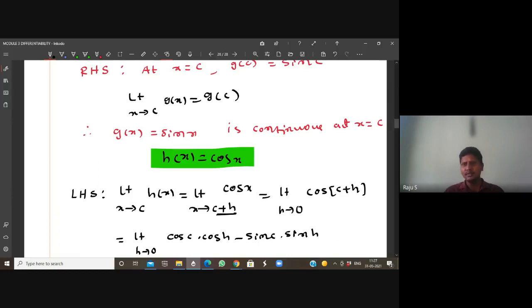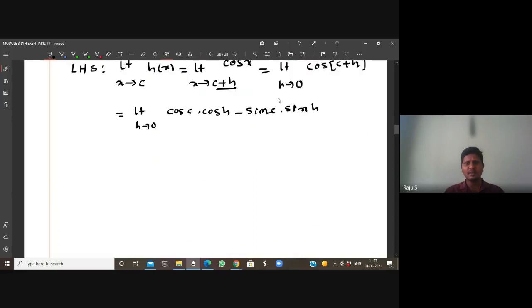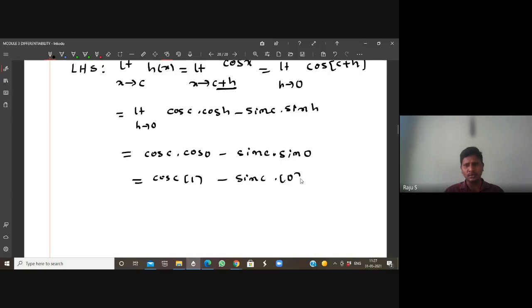So now after substitution, again the same, replace h by 0: cos c into cos 0 minus sin c into sin 0. What about this? Cos c into 1 minus sin c into 0. So finally the LHS value, the left side value, we got as cos c.